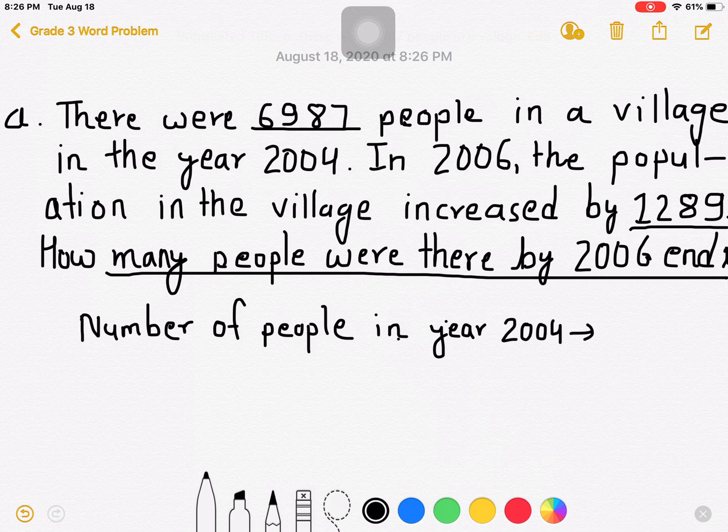What is the number of people? Now let us write that, that is 6,987. This is the given here. Now let me write this number again. 7 is in the very corner. Let me write 6,987.